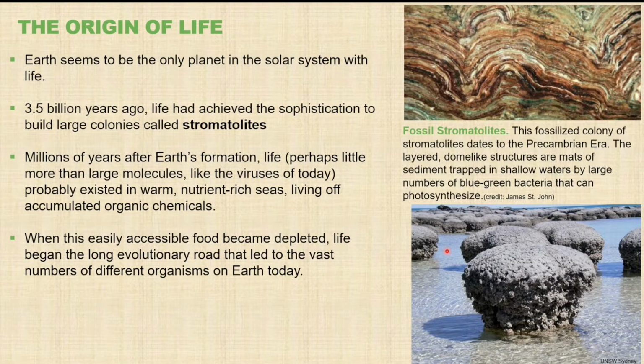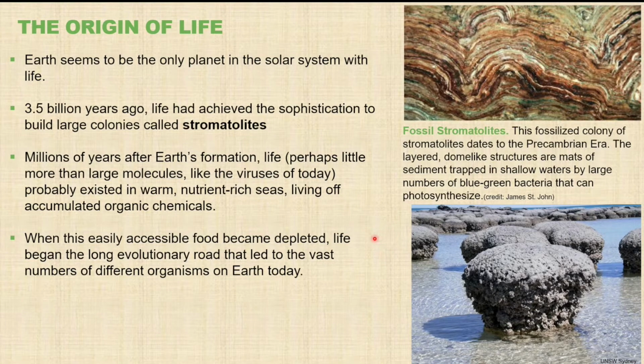These are algae, blue-green algae. Here is a closer look. They are still found in these forms here on the coast of Australia. They formed 3.5 billion years ago in water, and they feed on organic chemicals found in the water.